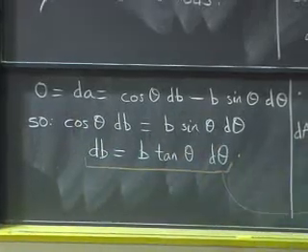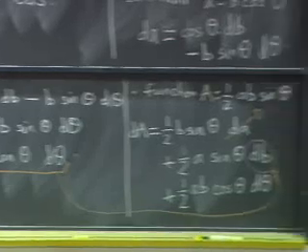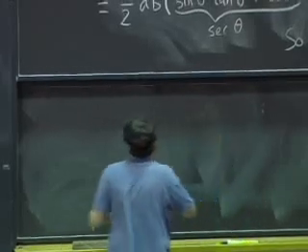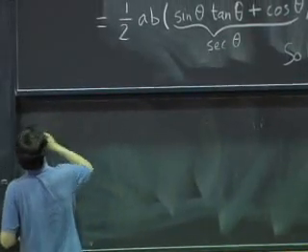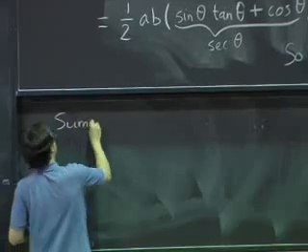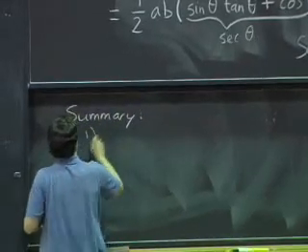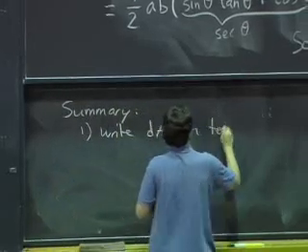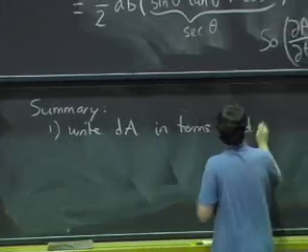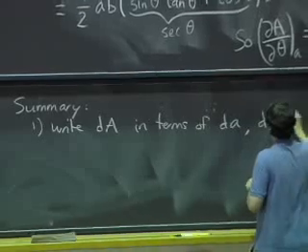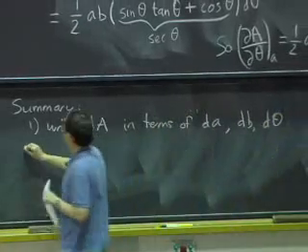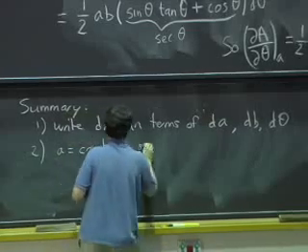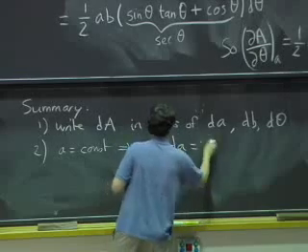Okay, so I guess to summarize the method, we wrote dA in terms of dA, dB, d theta. Then we say that a is constant, which means we set dA equals 0.